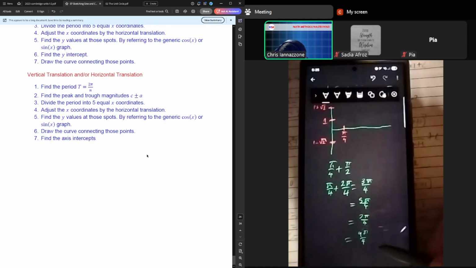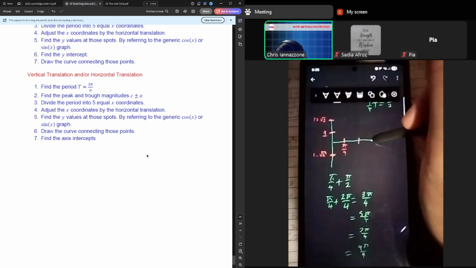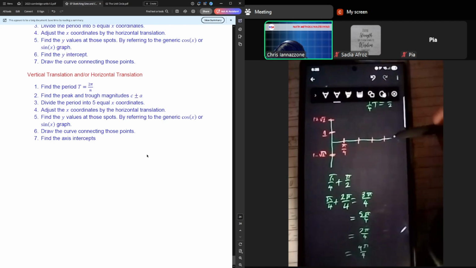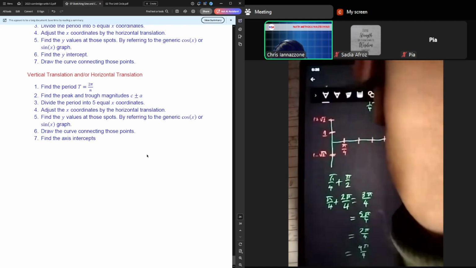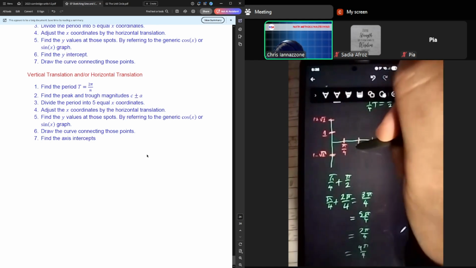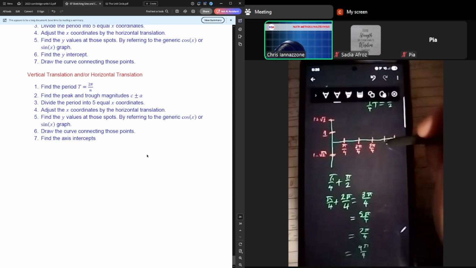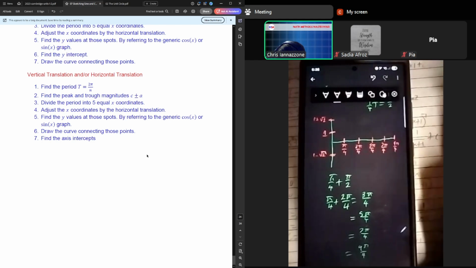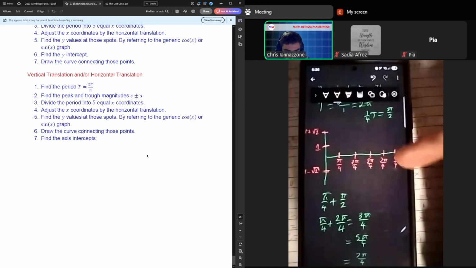And none of them simplify. That's nice. So tick, tick, tick, tick, tick. And yeah, 3 pi over 4, 5 pi over 4, 7 pi over 4, 9 pi over 4. All right, that's intervals sorted. What else?